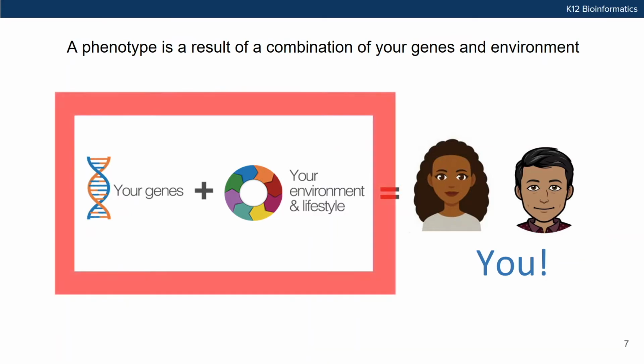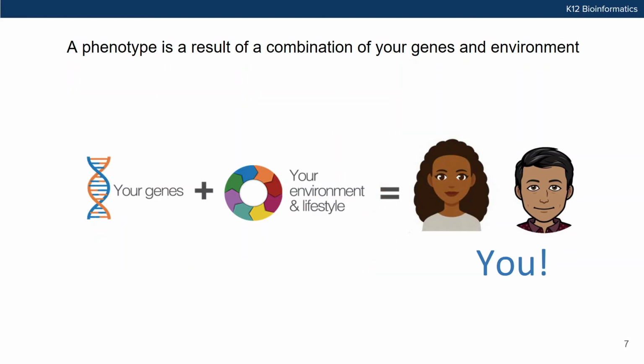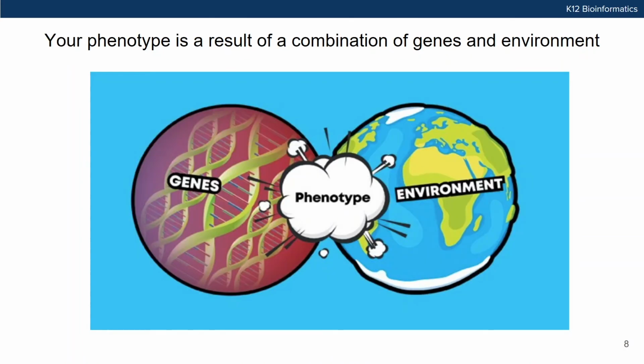And these are a result of your genes, your underlying genetics, and your environment and lifestyle choices. Now, attempting to determine how much each part of this equation contributes to phenotypes is an active area of research in bioinformatics. You'll soon come to appreciate there is often a lot of overlap depending on the phenotype in question, and these worlds often collide.